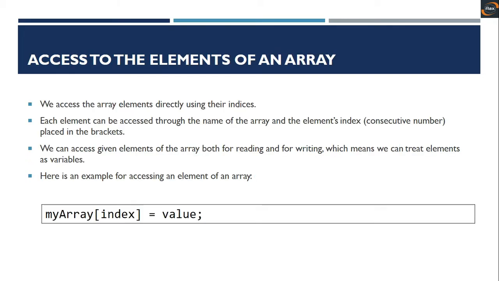How can you access them? You can access elements of the array by using their indexes. Accessing, in essence, means either you can get the value or assign a value. If you want to assign, you have to use is equal to then the value. If you want to get the value, then myArray at index can be accessed in this way.